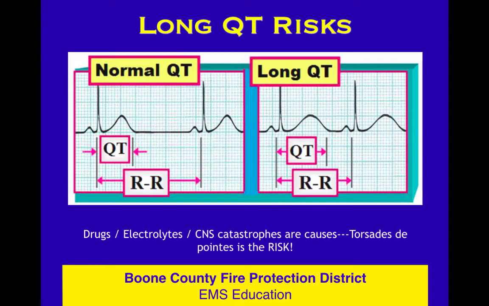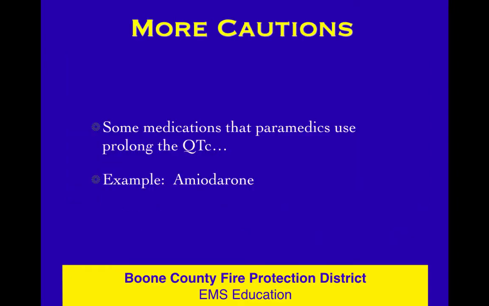The big risk, of course, is torsade. More cautions: sometimes we can give a patient a medication on purpose, therapeutically, and the side effect of that medication, meaning something that happens that we didn't want, but we're not shocked that it happened because it happens all the time, is that we prolong that QTC.